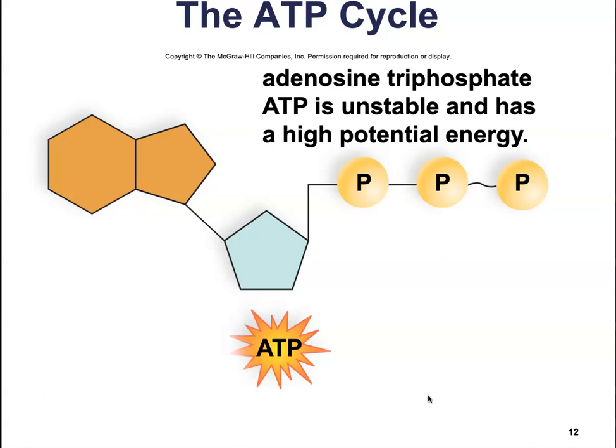Here we're starting off with ATP, right? Note what it says: ATP is unstable, just like that large glucose molecule was unstable, and has high potential energy, lots of stored energy in these phosphate bonds.